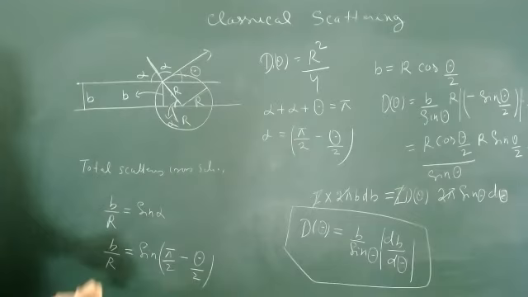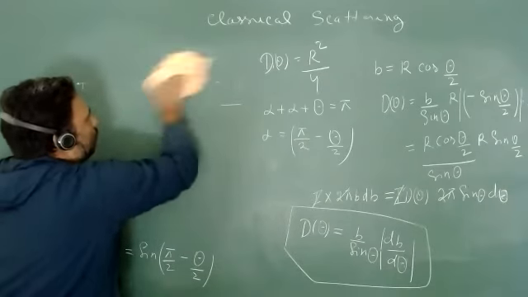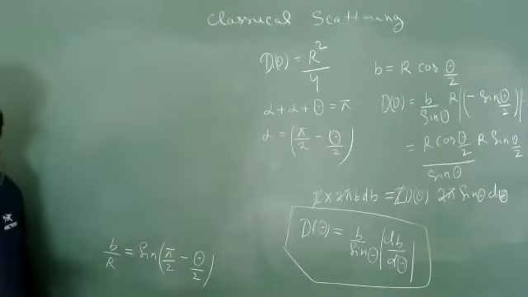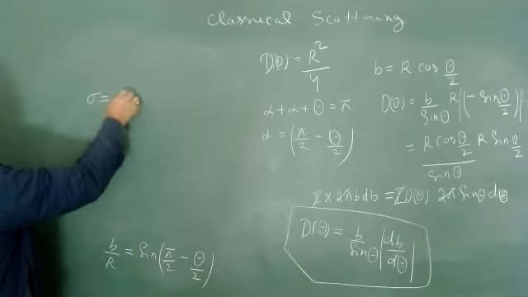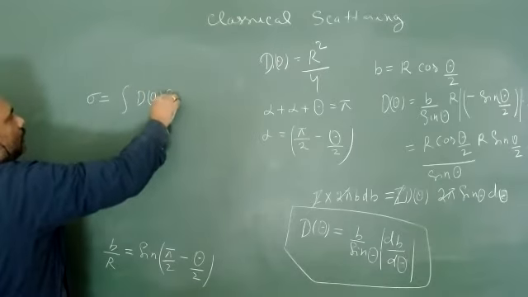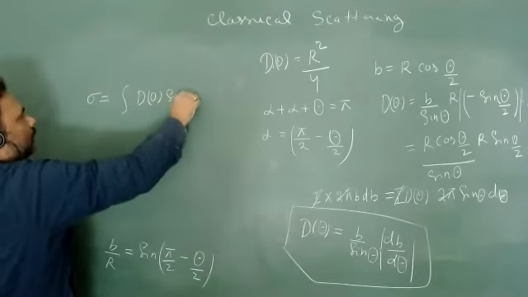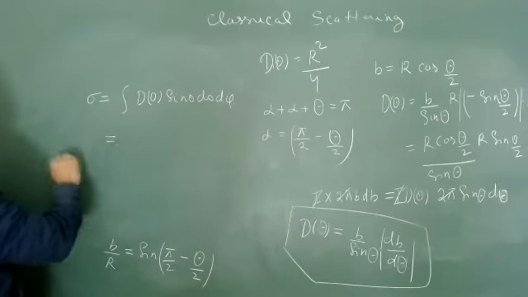Now we can easily calculate the total scattering cross section. So what is your total scattering cross section? The total scattering cross section sigma is nothing but the integral of dσ by dΩ times sin theta d theta d phi. And what will be this value?